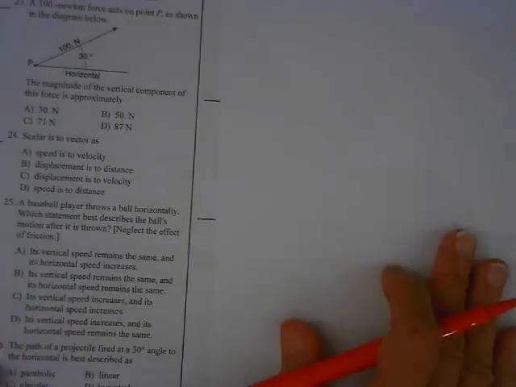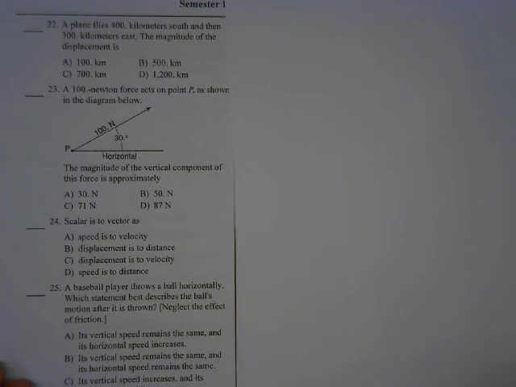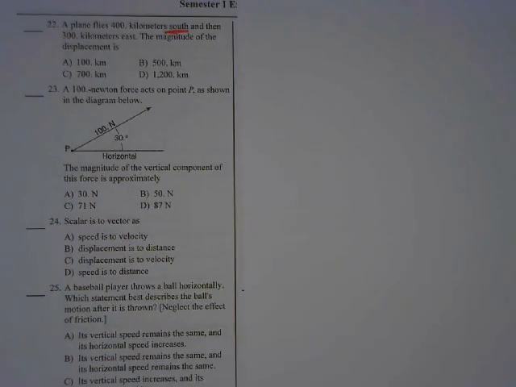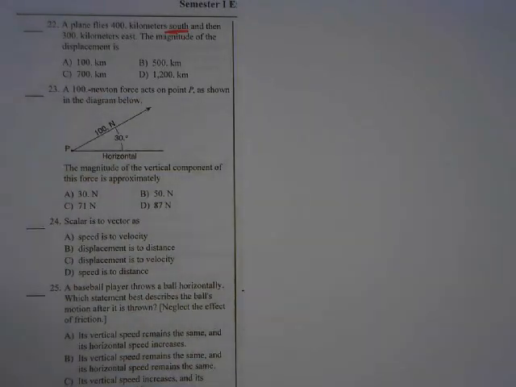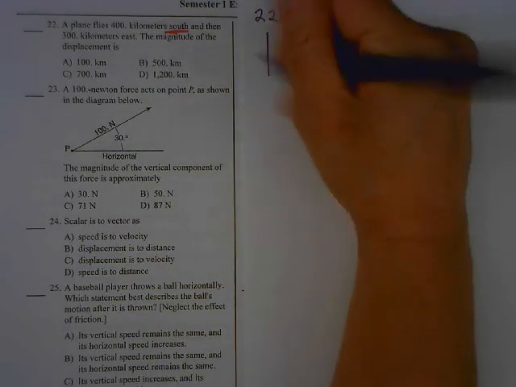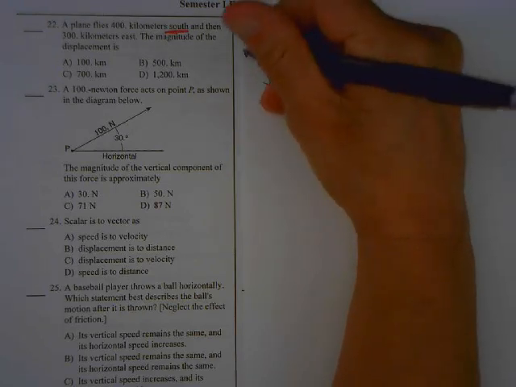All right, let's look at number 22. So number 22 says a plane flies 400 kilometers south. So first of all, we need to know our geographical directions. So I have north, south, east, and west.